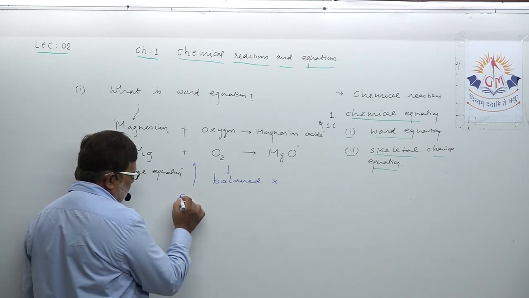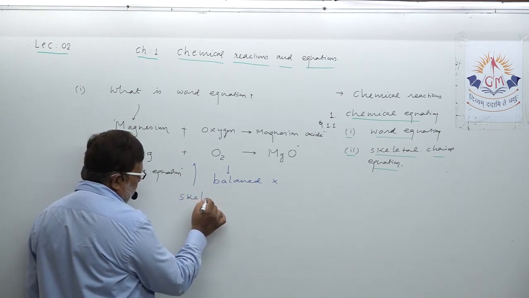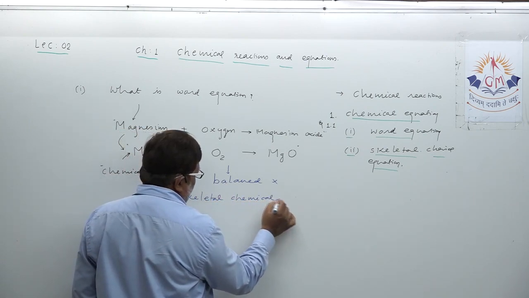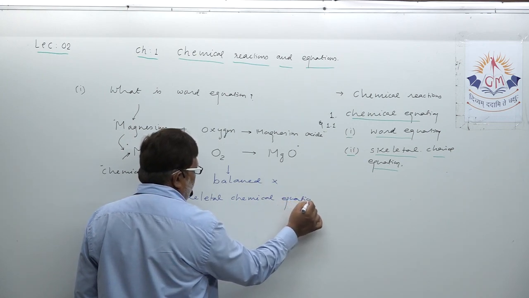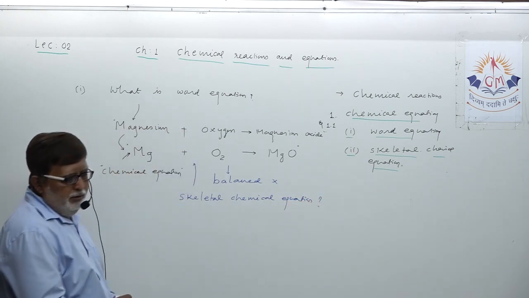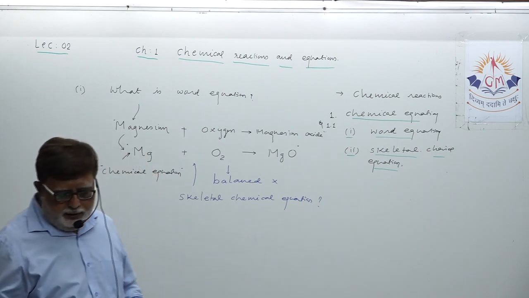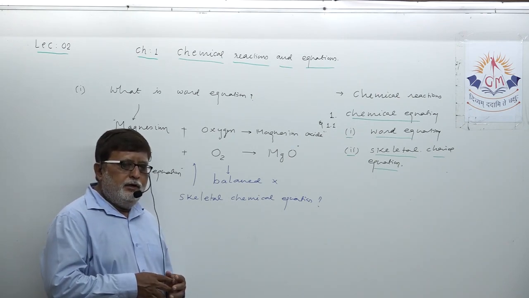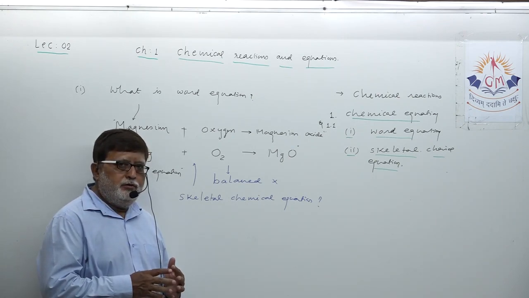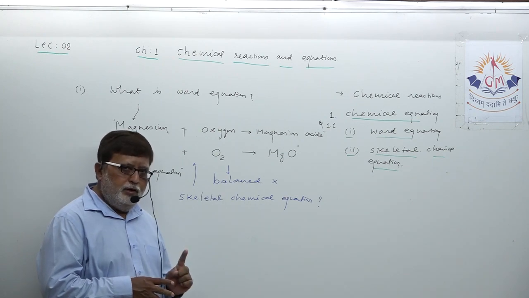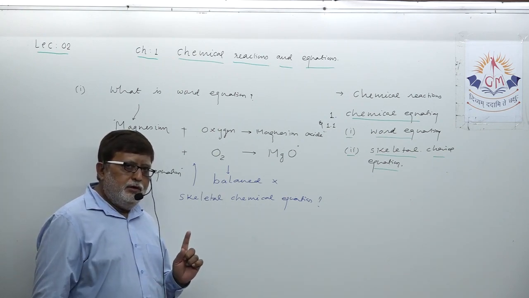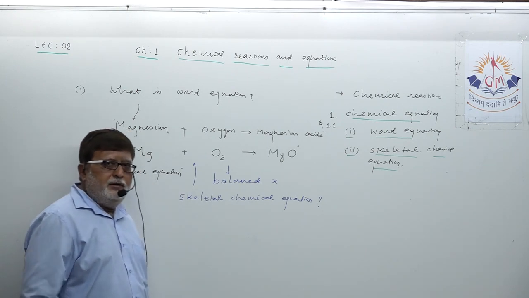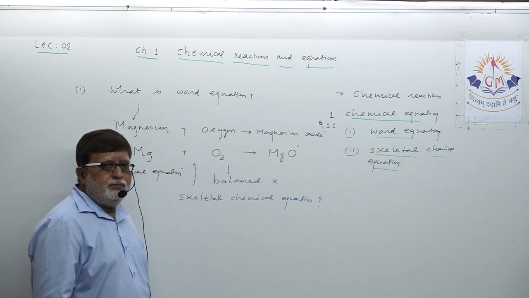So I can call it a skeletal chemical equation. Try to understand the meaning of skeletal chemical equation. So dear student, any chemical equation written utilizing symbols and formulas, but which is not a balanced equation, can be called a skeletal chemical equation.